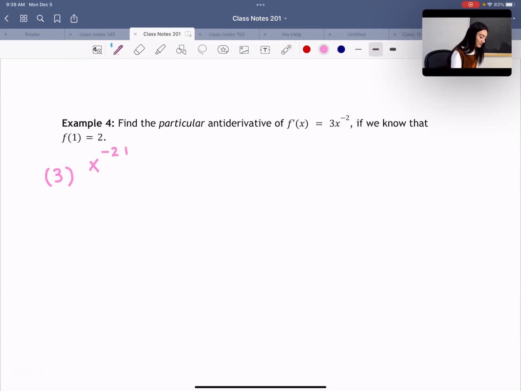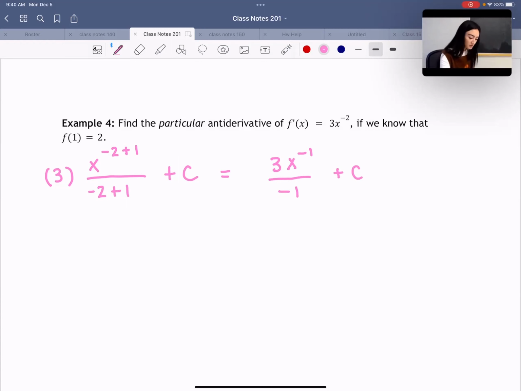I'd add 1, right? So instead of doing the power rule, which tells us to subtract 1, I'm going to add 1 this time, okay? And we're going to put that all over -2 plus 1. And then I also have to put a plus c, right? Okay, cleaning this up, we have 3 times x to the -1 over -1 plus c, okay?